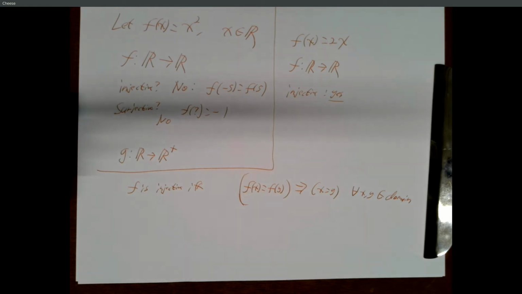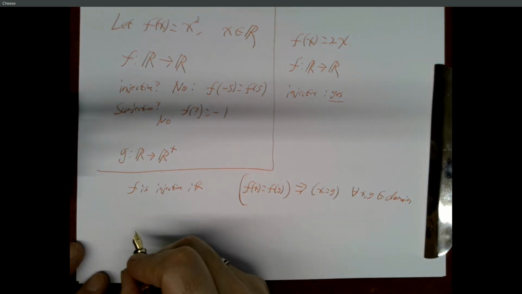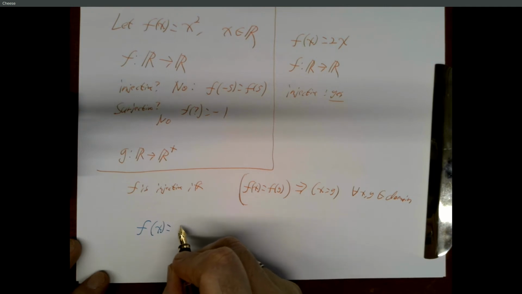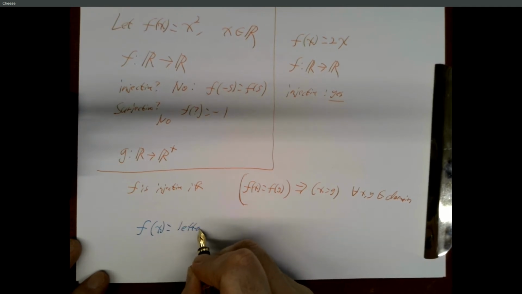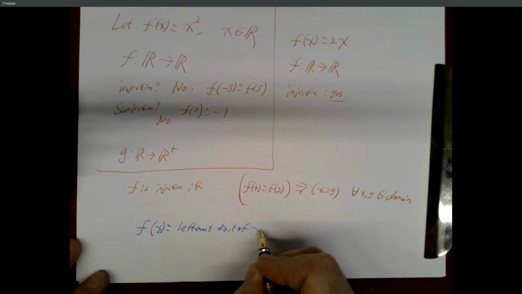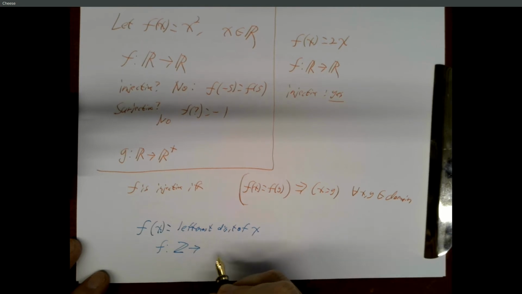And we can define functions lots of ways. We can define them with a mathematical formula. We can say f of x equals the leftmost digit of x, where f is a function from the integers to the set 0 up to 9.